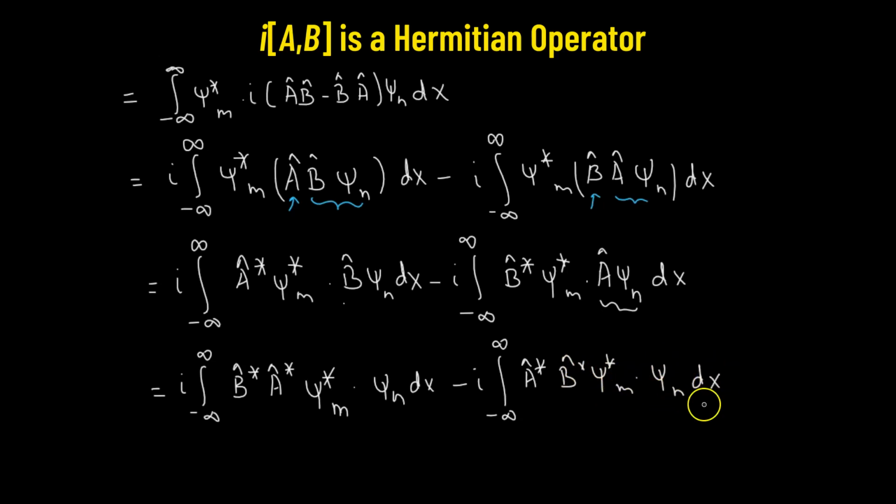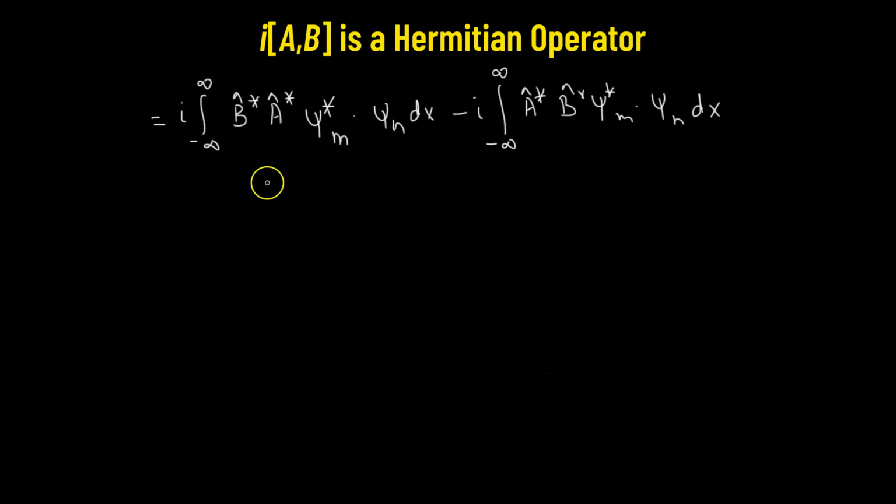Now we're going to combine these two integrals, but we're going to take negative i as the common factor. So we have negative i multiplied to the integral from negative infinity to positive infinity.